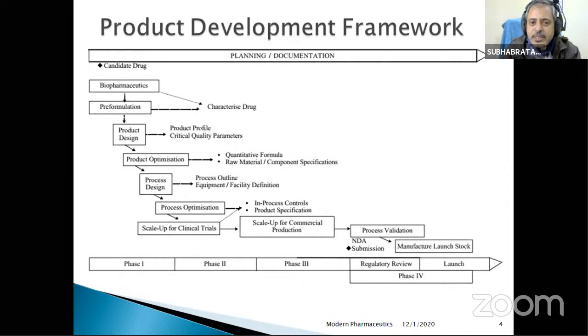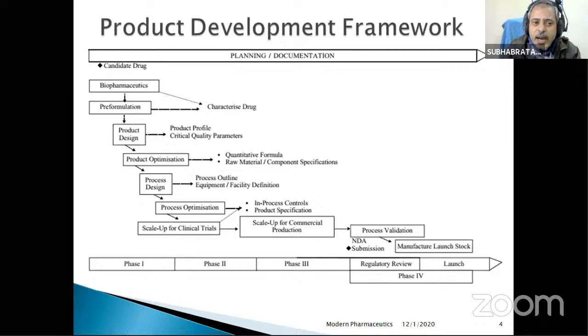Only when the NDA is approved and it enters into phase 1 does pre-formulation become more meaningful, because until and unless we can get the NDA approved, we cannot put it into humans in the end. So naturally the pre-formulation will not have much value.